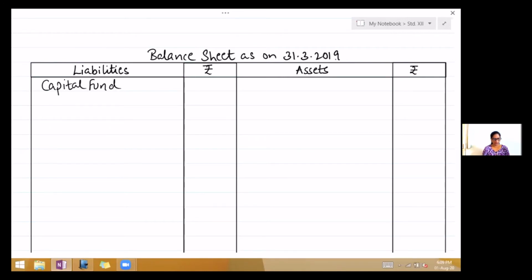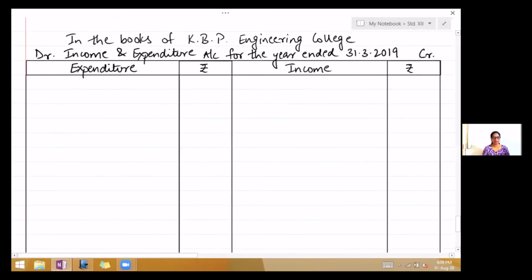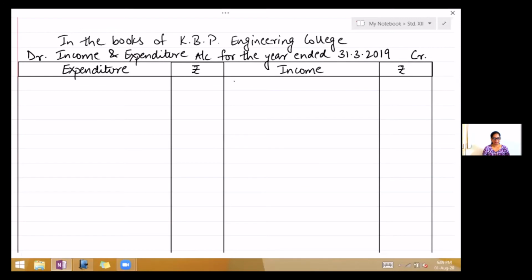Okay, now we begin with the receipts. So I've already told you that that first balance has to be ignored of cash in hand, cash at bank. Interest. Interest is an income. So come to the income and expenditure side, write by interest 55,000.